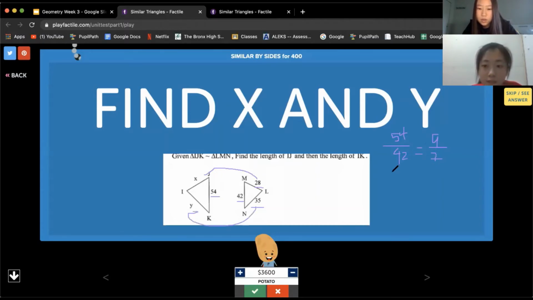So basically 28 multiplied by 9/7 equals 36. And 35 multiplied by 9/7 equals 45.